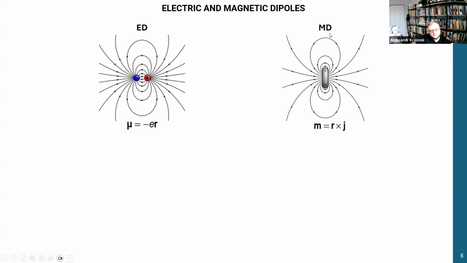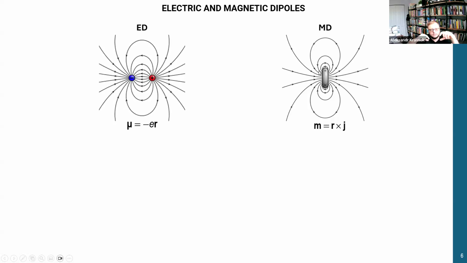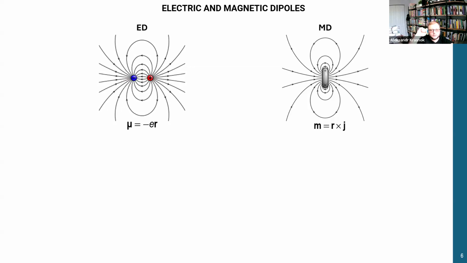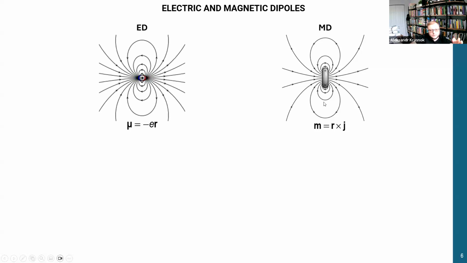That's important because if we're talking about the magnetic dipole, which is again represented by a loop of current, sometimes called an elementary ampere loop of current, this quantity is represented by R cross product, outer product, with the current.